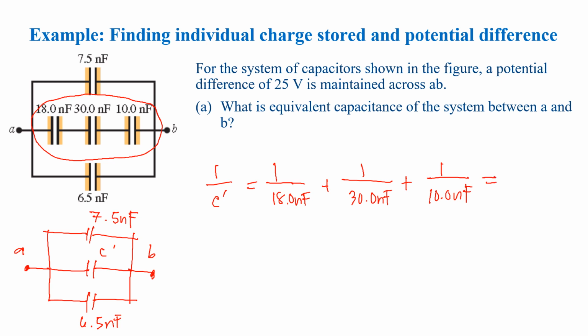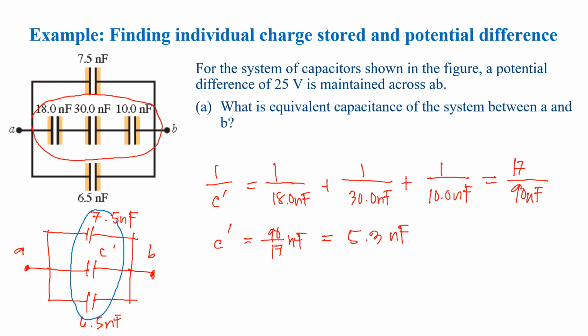And this is equal to 17 over 90 nanofarads. And to get C prime, we just take the reciprocal of your 17 over 90 nanofarads, and that is equal to 90 over 17 nanofarads, which is approximately 5.3 nanofarads. And the next thing that you can do is to simplify these three, which are in parallel.